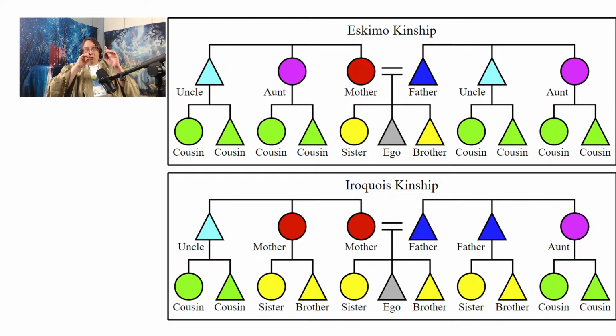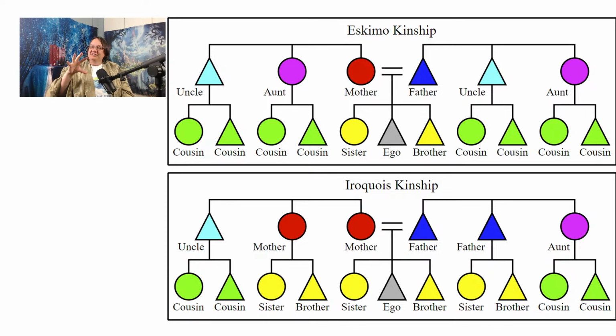Your aunt on your mother's side is also your mother, but your uncle on your mother's side is your uncle. And your uncle on your father's side is your father as well, but your father's sister, your aunt on your father's side, is your aunt.